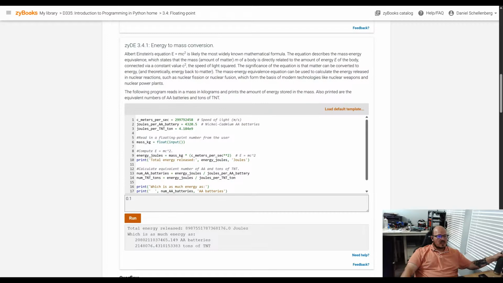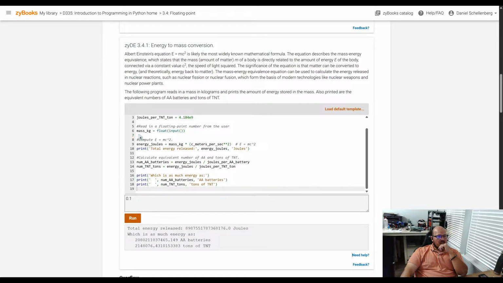It looks like it's setting a variable for the speed of light, an AA battery variable, assigning it nickel-cadmium AA batteries, and it's doing joules per TNT ton. So it's assigning the variables here. It's taking the mass in kilograms as input as a float.